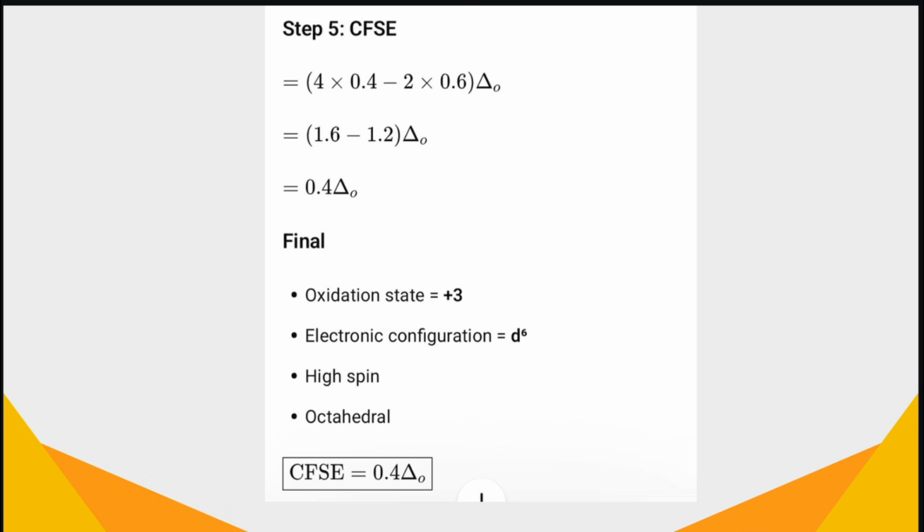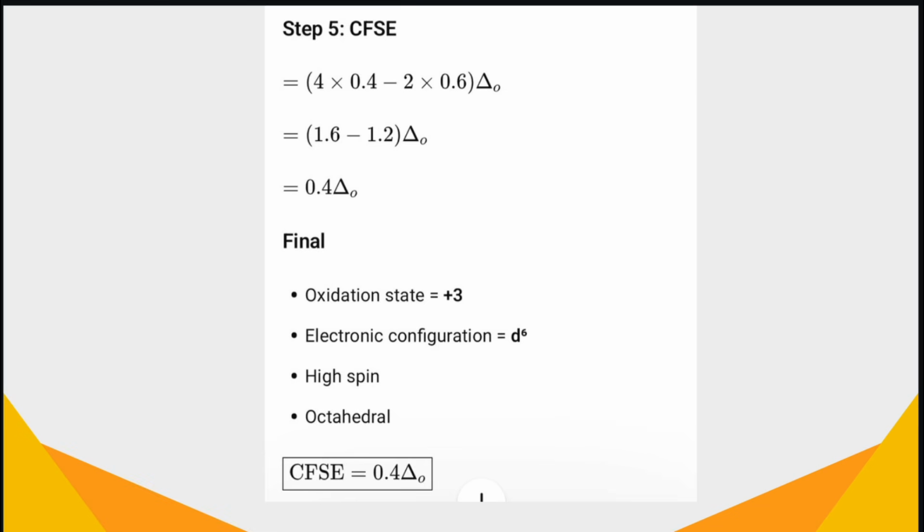In step 4 we will see the electronic arrangement: high spin d6, so t2g4 and eg2. Hence t2g is equal to 4 and eg is equal to 2. Now in step 5 we will calculate CFSE, which is equal to (4 × 0.4 − 2 × 0.6) × delta naught, that is 1.6 minus 1.2, which equals 0.4 delta naught. Finally, the oxidation state is +3, the electronic configuration is d6, and it is high spin octahedral.